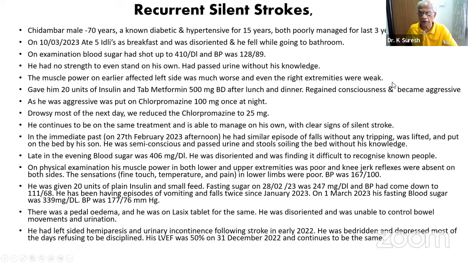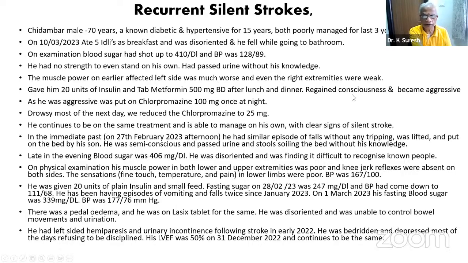That means a repeat attack worsened the muscle situation. Since the blood sugar was 410, he was given 20 units of insulin and metformin, and had lunch and dinner. It took almost 24 hours.